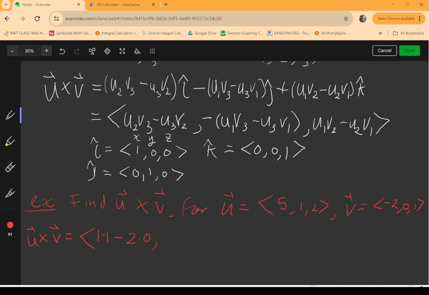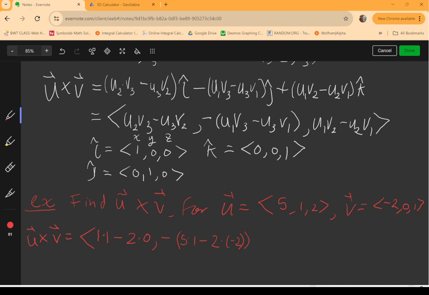The second component is minus u1, which is 5, times v3, which is 1, and then minus u3, which is 2, times v1, which is negative 2.